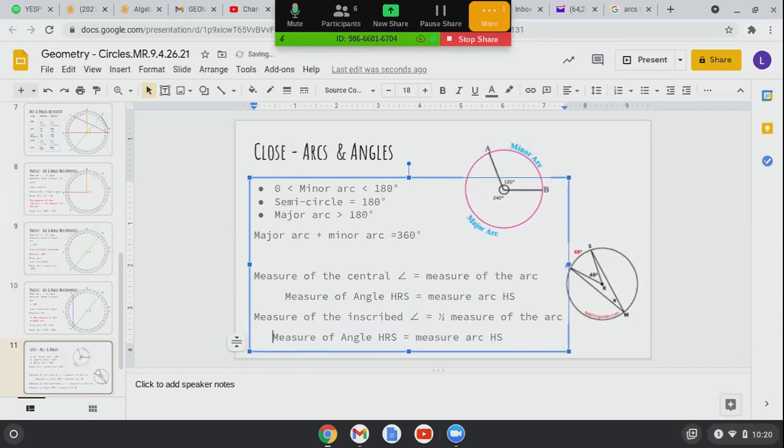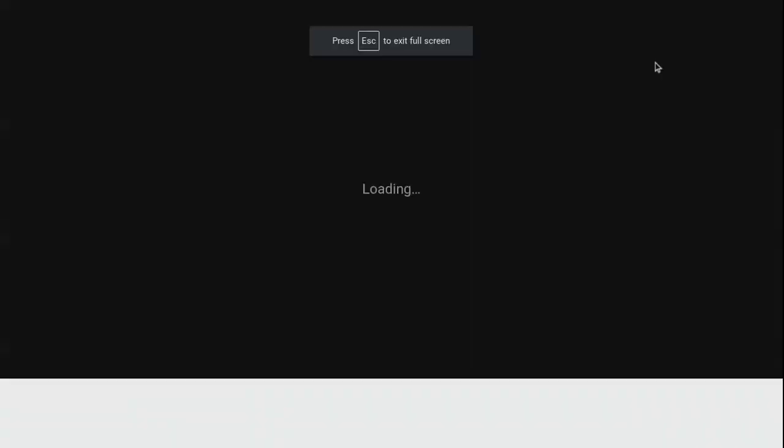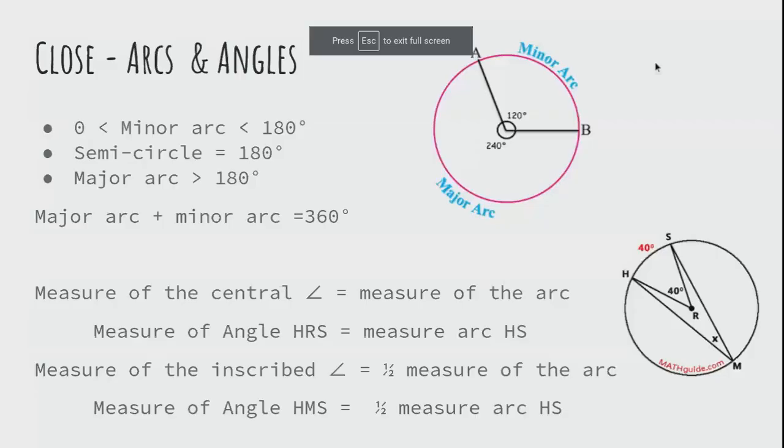And then the inscribed angle is HMS. Oops, sorry. I guess I could have highlighted that a different color.